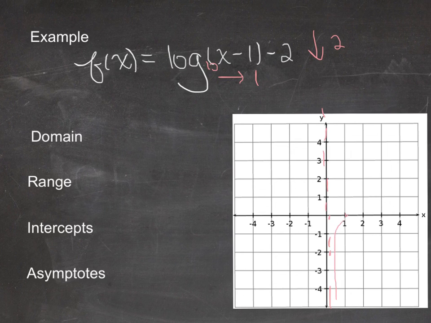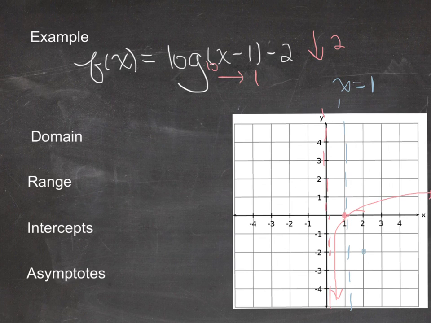So let's start with this. I have this point 1, 0. I'm going to shift it right 1 and then down 2. So it's going to end up there. Maybe let's put in a new color. And then my asymptote also is going to shift to the right 1, so it's going to end up here at x equals 1.